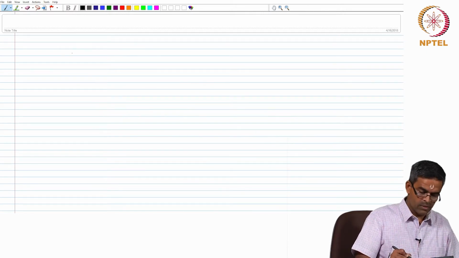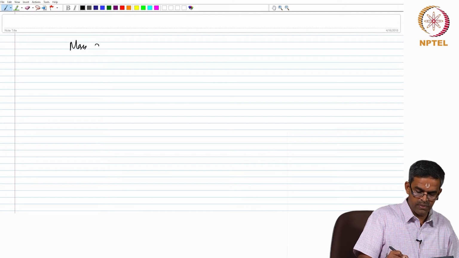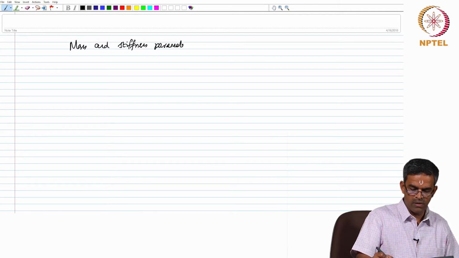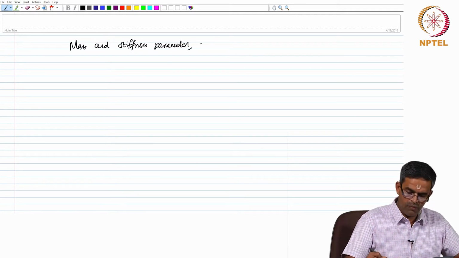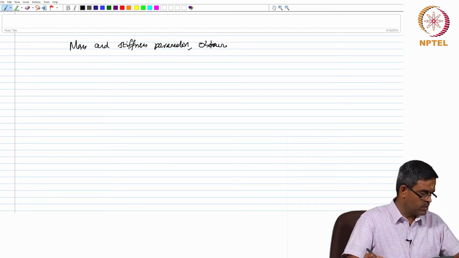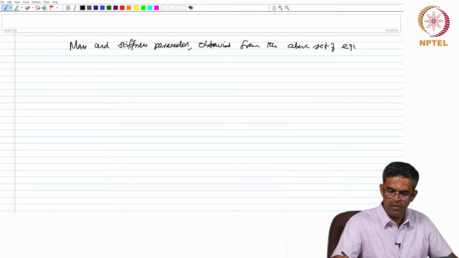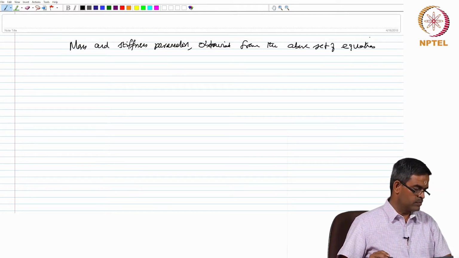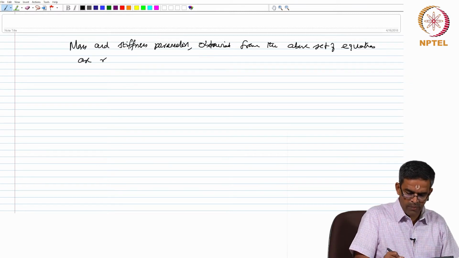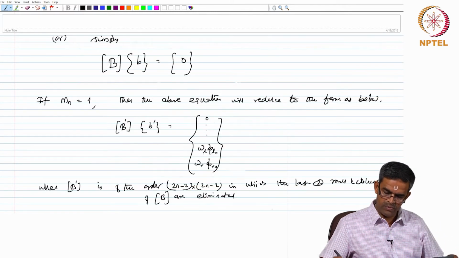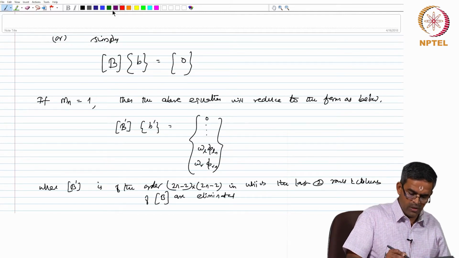Now, the mass and stiffness parameters obtained from the above equation are relative values of Mn, because you can see here Mn is taken to be unity.